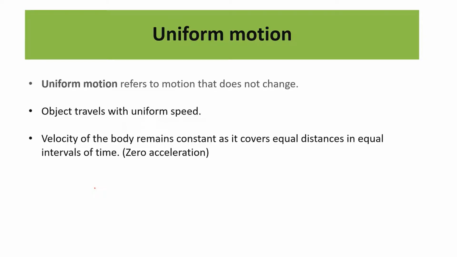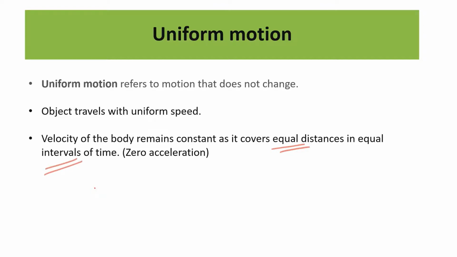Here, uniform motion refers to the motion that does not change, and the object travels with uniform speed. Velocity of the body remains constant as it covers equal distances in equal intervals of time.